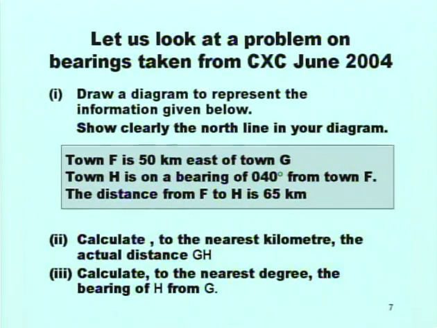Town F is 50 kilometers east of town G. Town H is on a bearing of 40 degrees from town F. The distance from F to H is 65 kilometers.